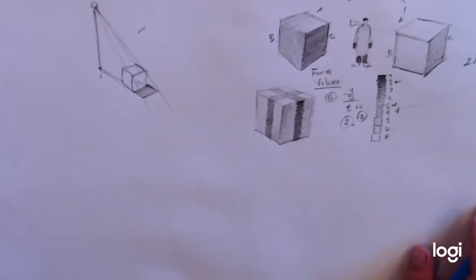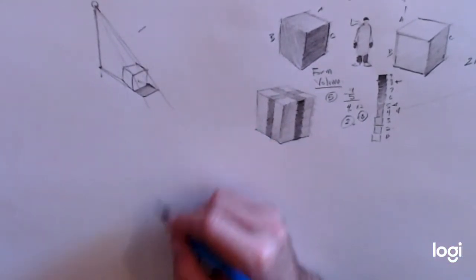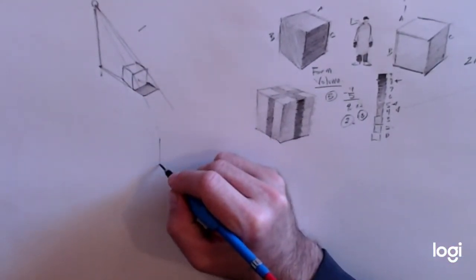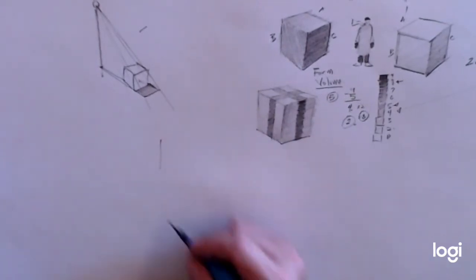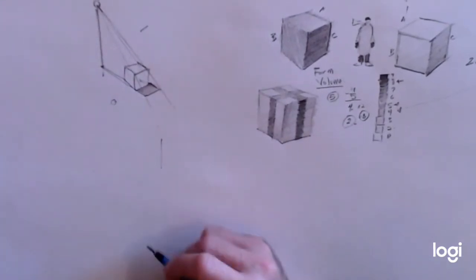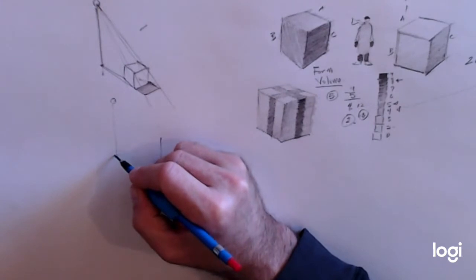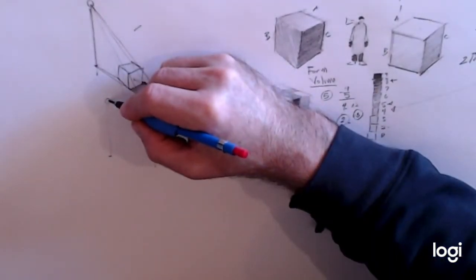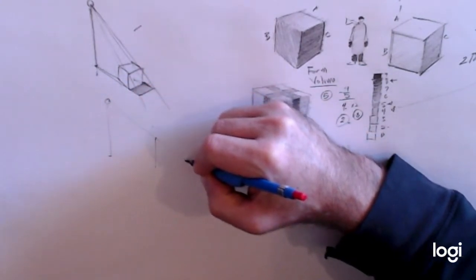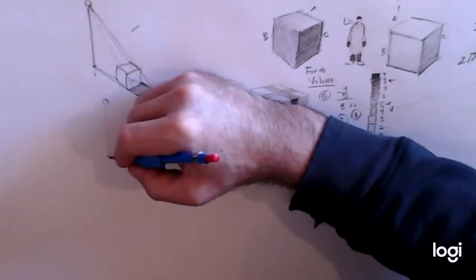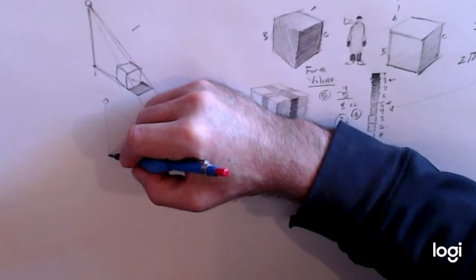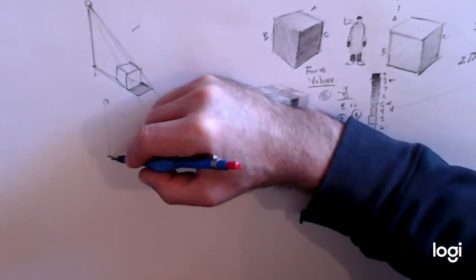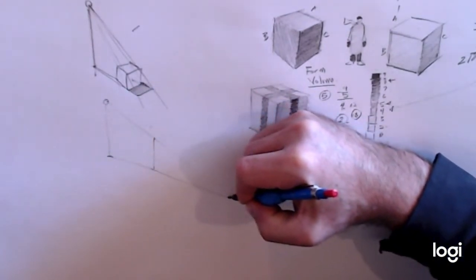So let's say that this time we'll just have a pole sitting in the ground here. Okay. And we'll have a light source right here. Here's the light coming down, and then it's got to find the ground. Here's the ground plane. Here's the bottom of this light pole. They're going like that.